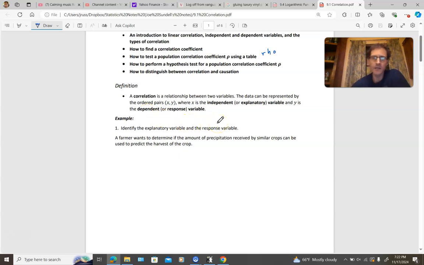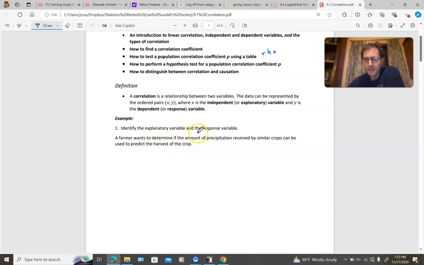It's the same thing. So it says a farmer wants to determine if the amount of precipitation received by similar crops can be used to predict the harvest of the crop. Okay, so all we're trying to do here is figure out which one is the independent variable, which one is the dependent variable.